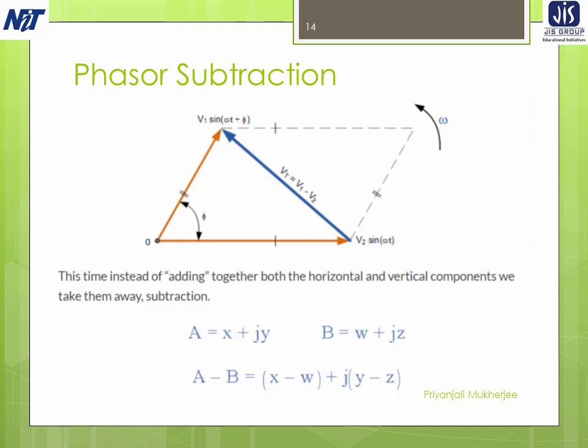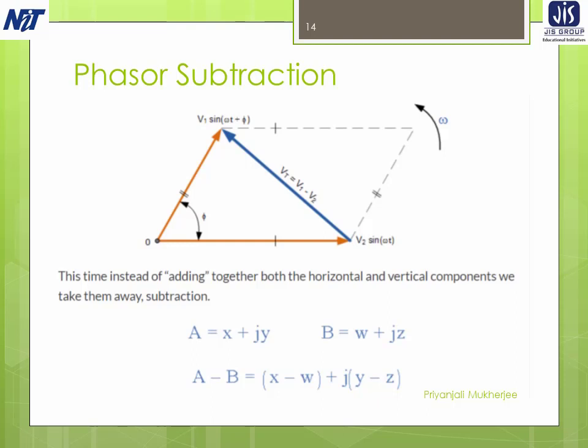Next is the phasor subtraction. During phasor subtraction we can use the same method just in the opposite way, because if we add two numbers a plus b, and if we subtract a minus b, that is the same as adding the minus b vector to the a vector.